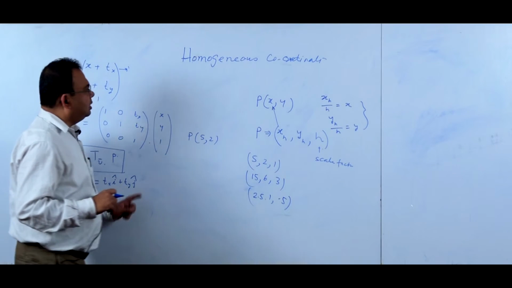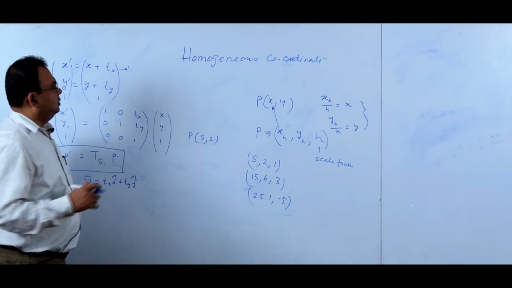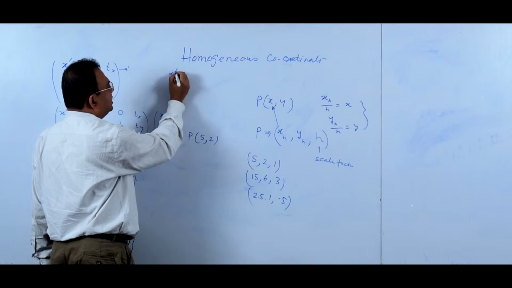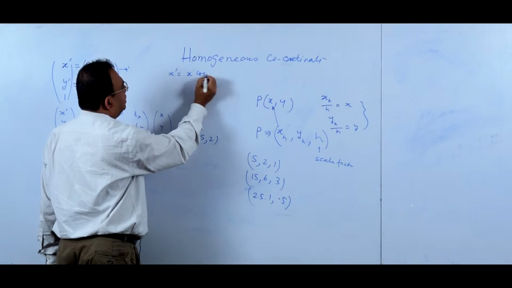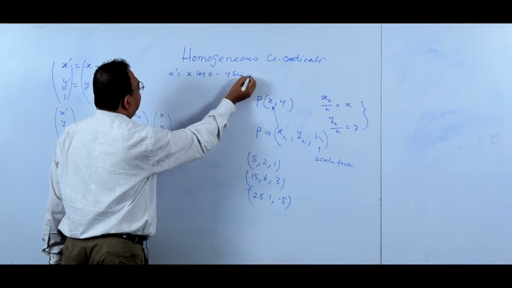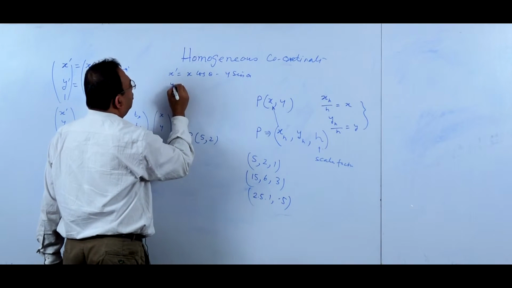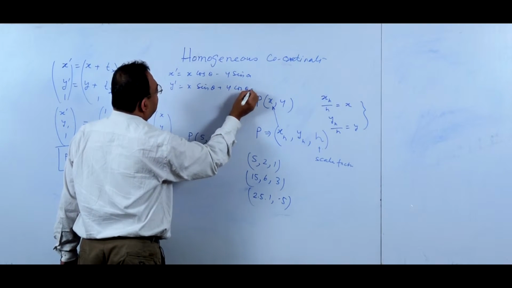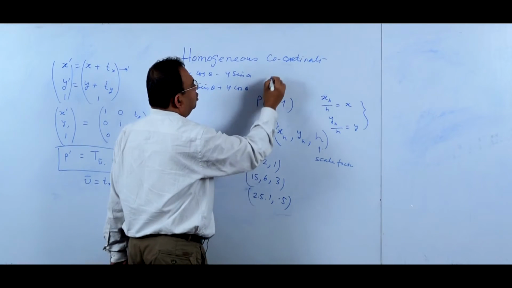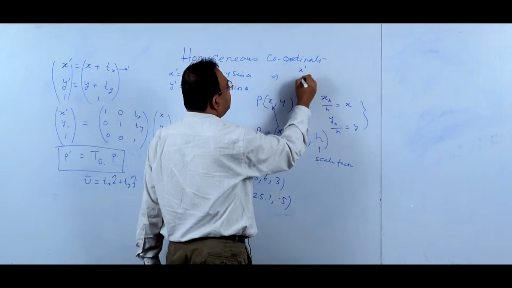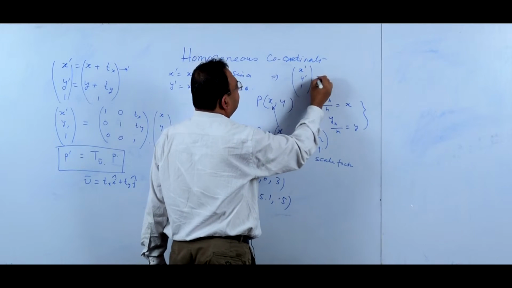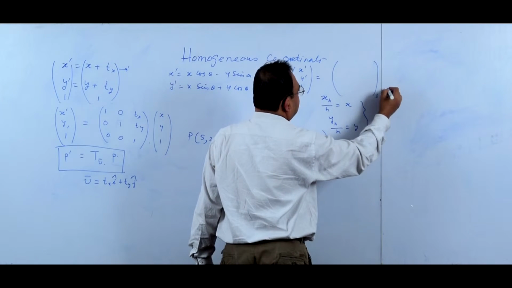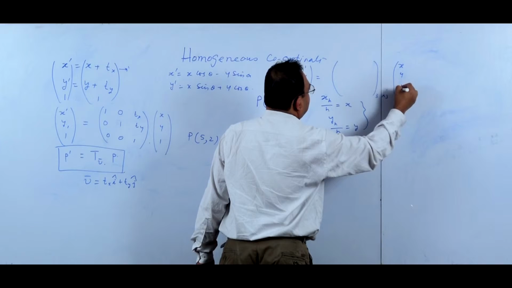Similarly, if we want to convert rotation in terms of homogeneous systems, we can write the transformation equations: x dash is equal to x cos theta minus y sin theta, and y dash is equal to x sin theta plus y cos theta. We can write this in the homogeneous system as x dash, y dash, 1 equals some 3 by 3 matrix multiplied on the object point x, y, 1.